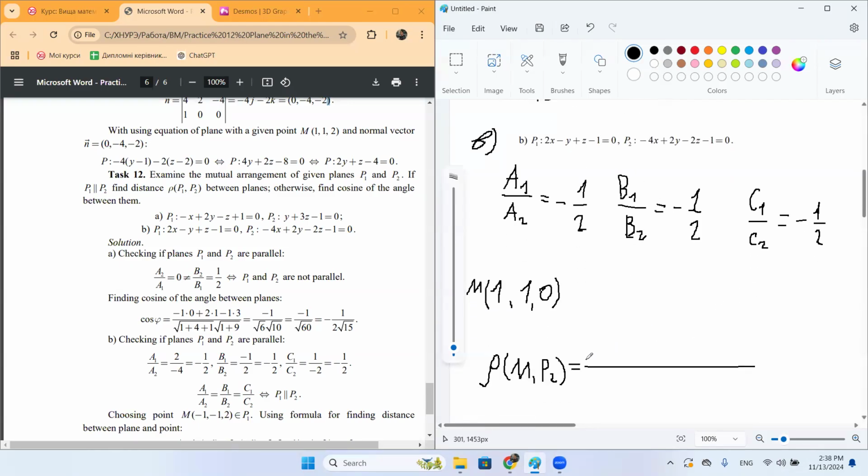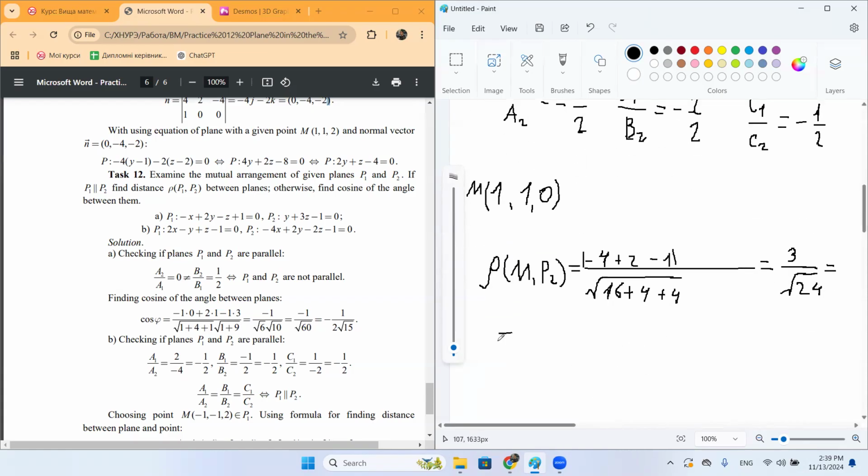What we have: -4, -4, +2, -1, and then 16 +4 +4. So -5 +2, so 3, divided by the square root of 24.